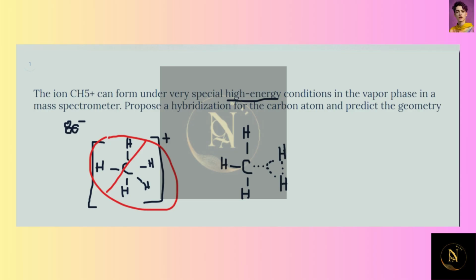However, in this case, the bond is between 3 atoms and 2 electrons. So these dashed lines indicate that these aren't 3 bonds, but rather 1 bond that's sharing 2 electrons. This whole thing needs a positive charge.